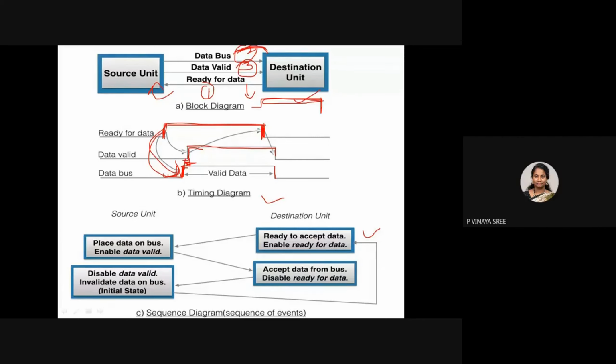So you disable the data valid signal and invalidate the data on the data bus. So this is about asynchronous data transfer using destination unit.